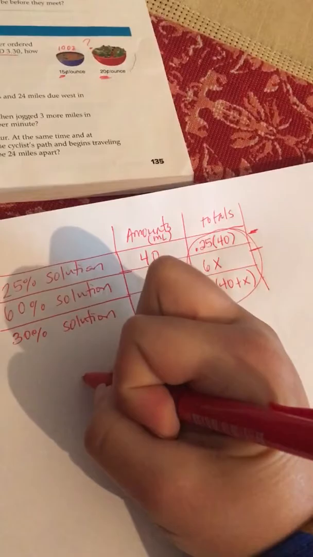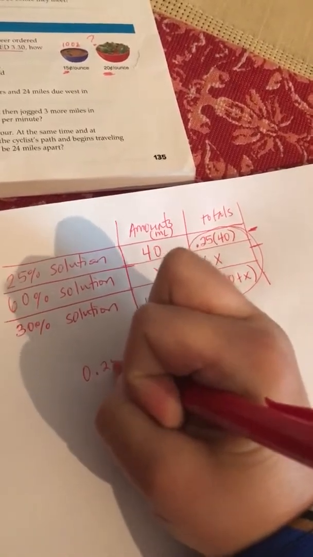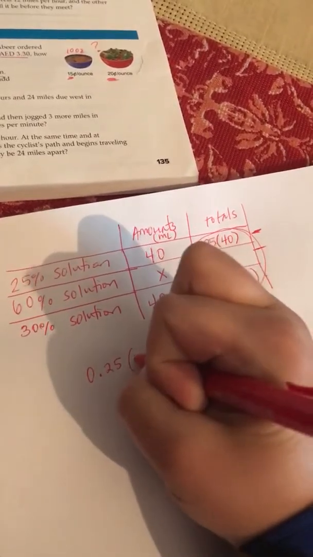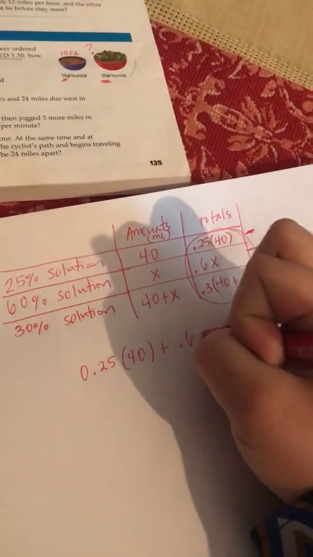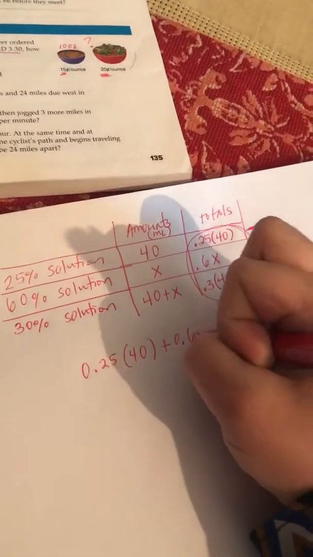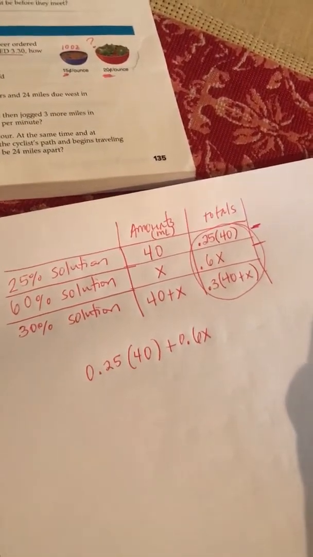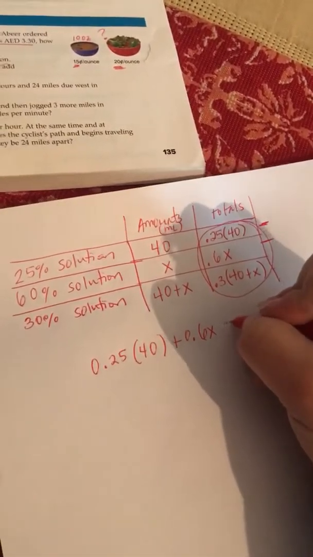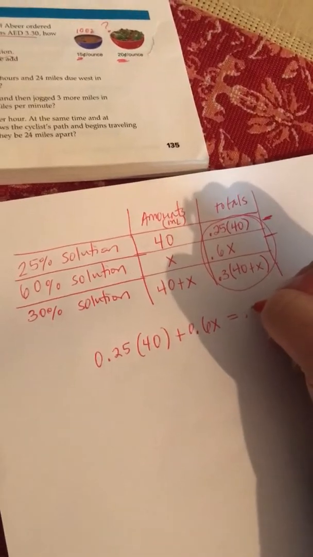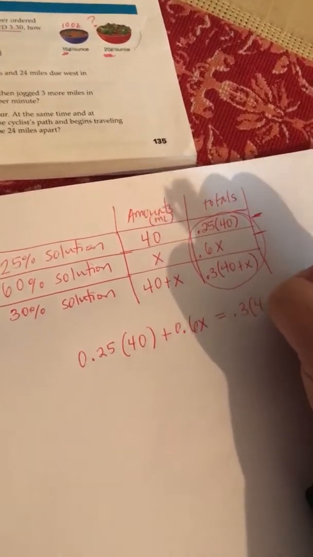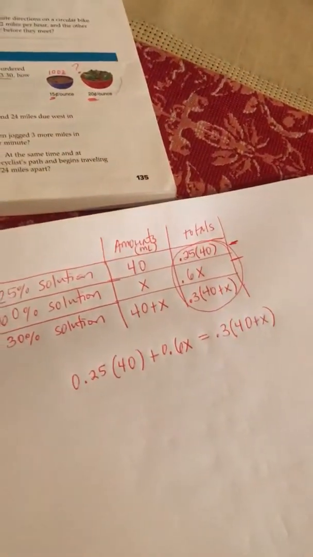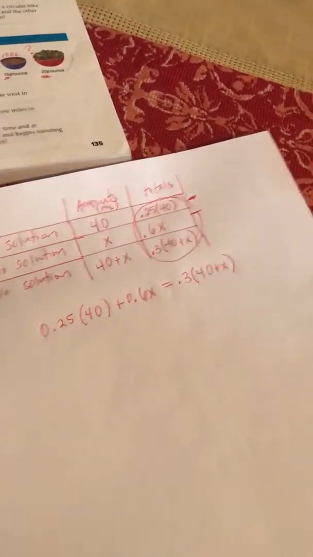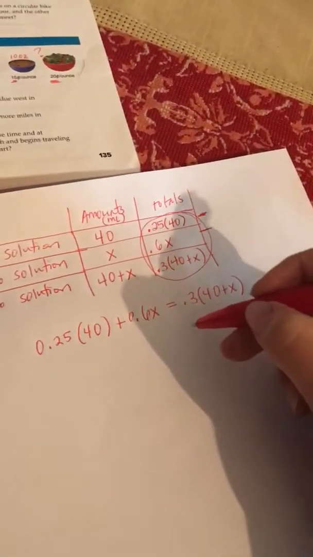So if I set up an equation, I have 0.25 times 40 plus 0.6x. I can put a 0 in front, it doesn't matter. Okay, and that's going to be equal to 0.3 times (40 plus x). Now that I have an equation, I can solve it like I normally solve equations.